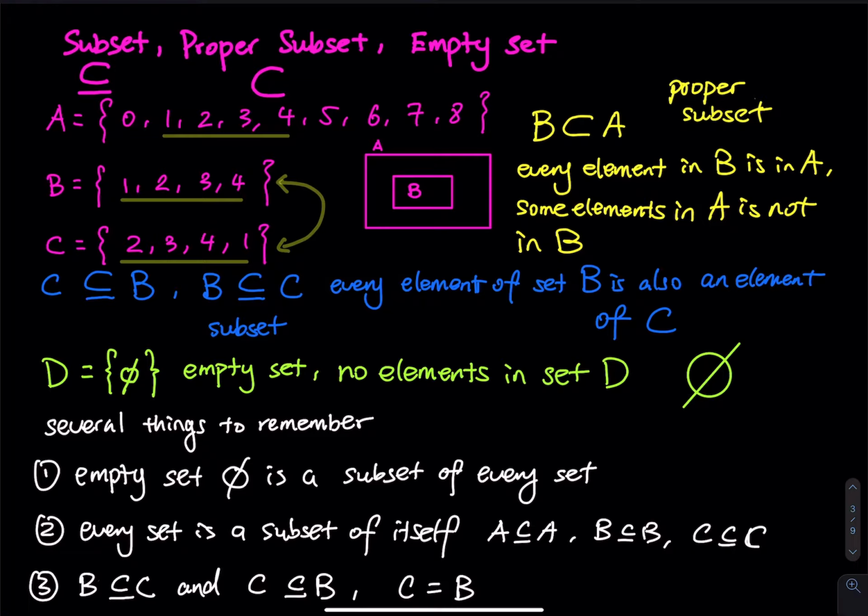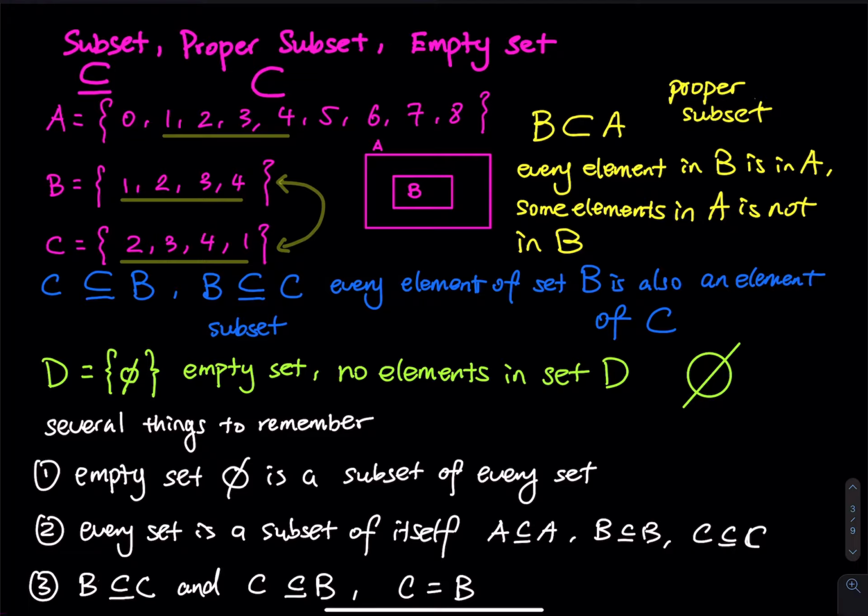Take a look at B and C. Do we agree that they are completely the same? So we say that B is not only inside C, but B is also equal to C. C is not only inside B, C is also equal to B, because they are completely the same, right? So the order of listing the elements is not important.